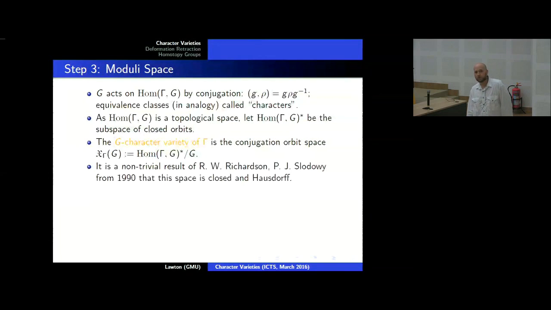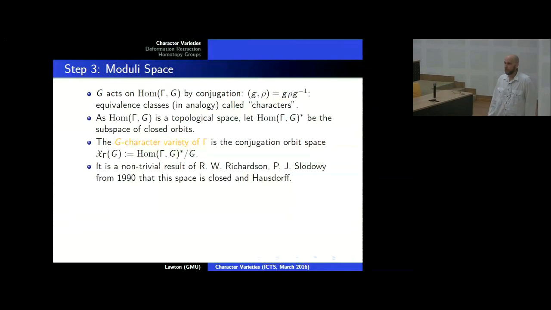It's a non-trivial result of Richardson and Slodowy from 1990 that this space is Hausdorff. I guess just doing this polystable quotient generally gives you a T1 space, but if we start with a real reductive group, we actually get a Hausdorff space, and it's complete. So in some natural affine space, it has all of its limit points.